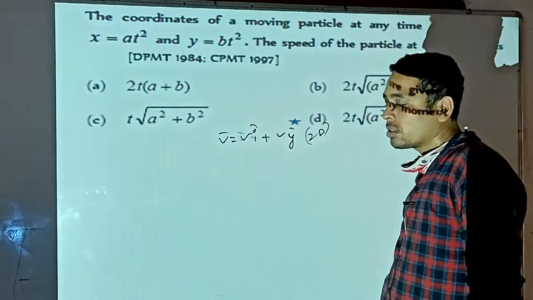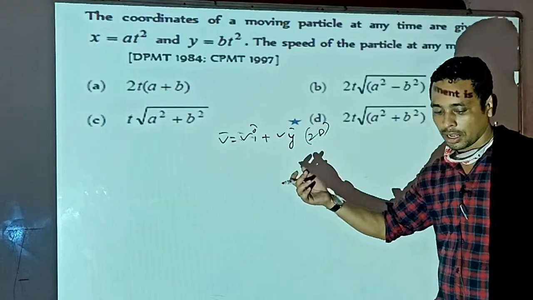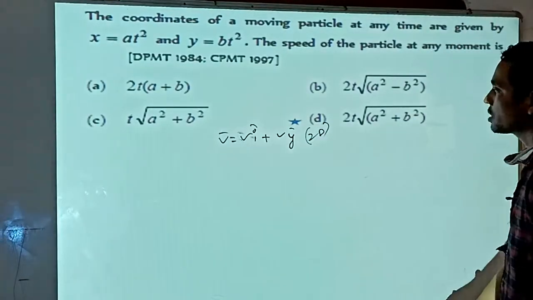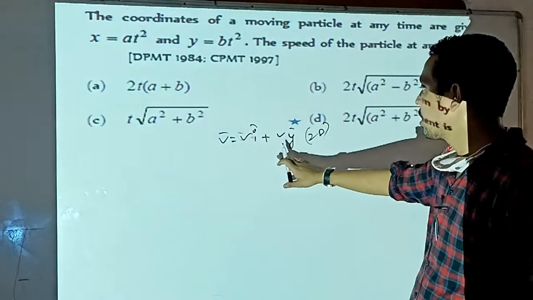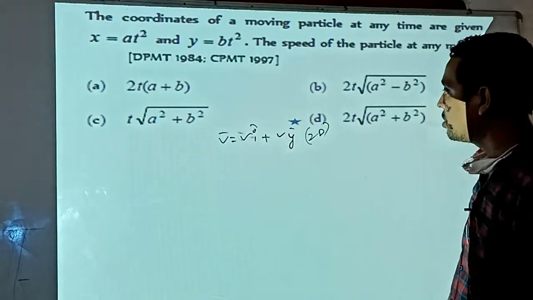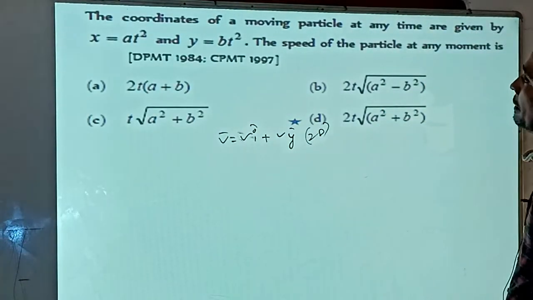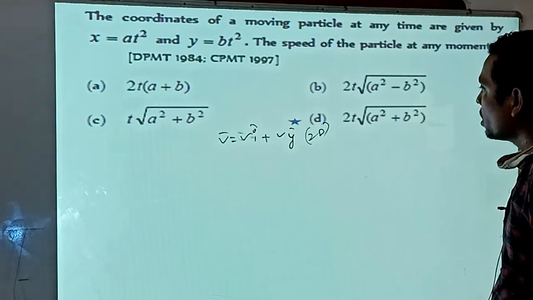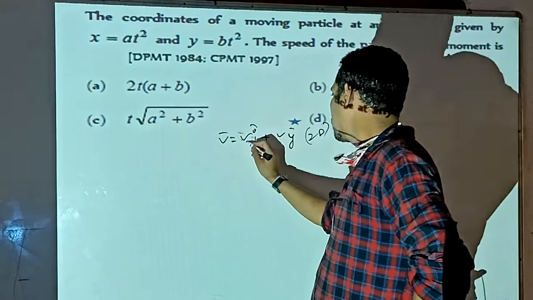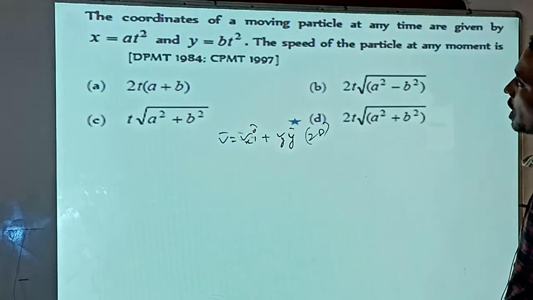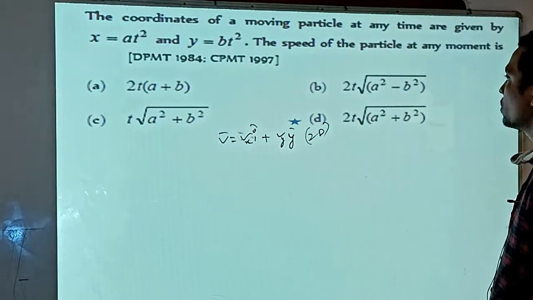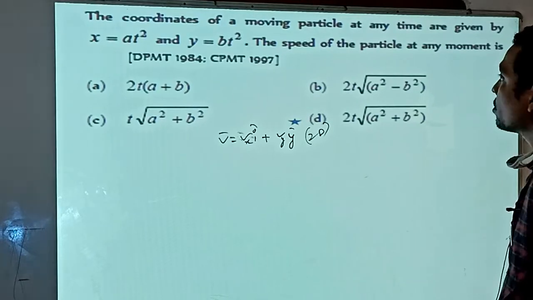If it is in 3 dimensions you just add the third unit vector k cap, but it is not needed since it has been given in the plane. So the expression for velocity is v equals vx i cap plus vy j cap, the x component and y component. So vx is equal to at square and vy is equal to bt square.